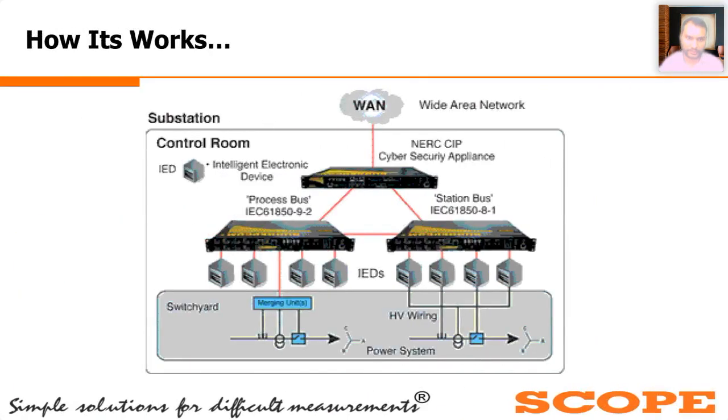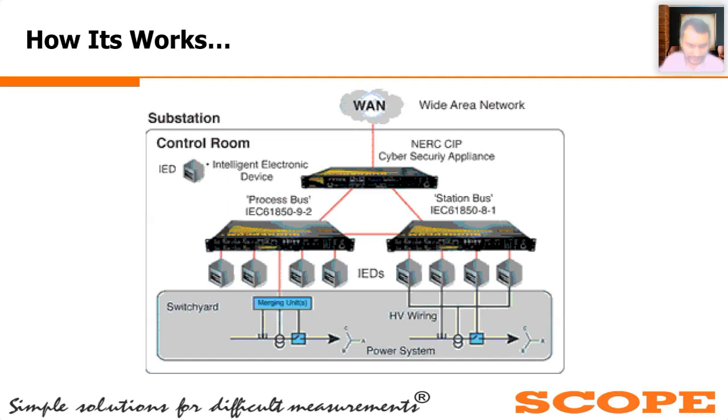This process bus is nothing but the switchyard equipment like your CT, your PT, breakers, DI/DO hardwiring and all. There is normally this type of automation technology being utilized in India generally, where the process bus is not digitalized.